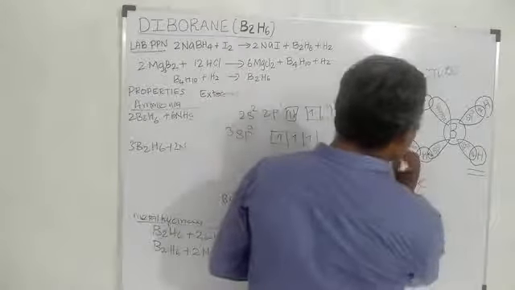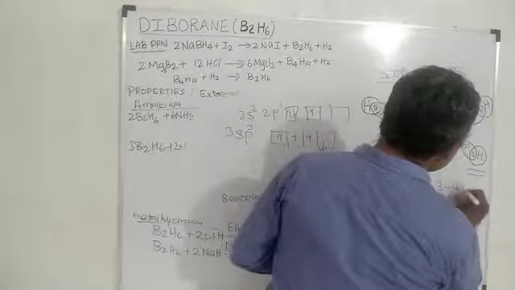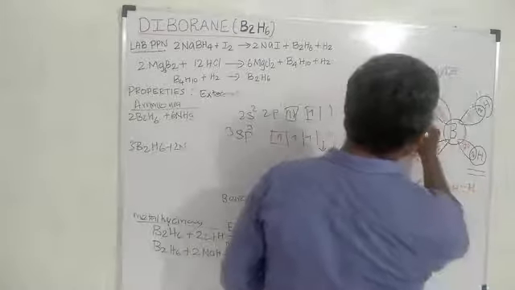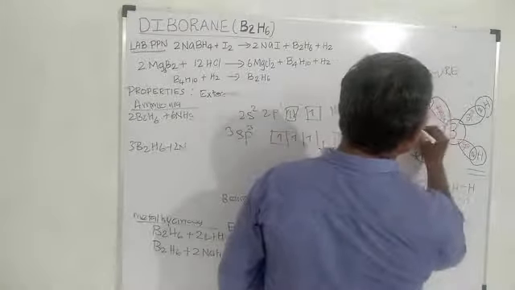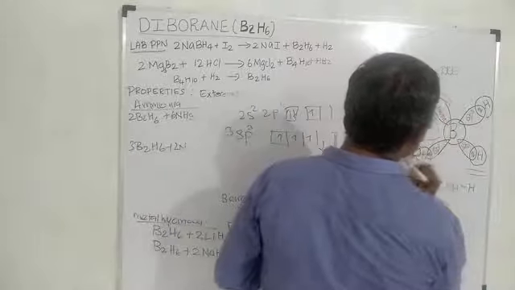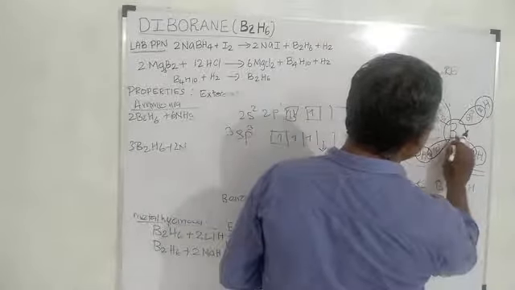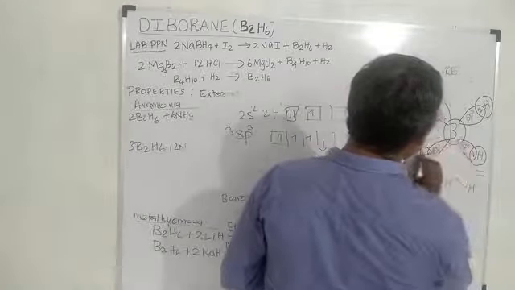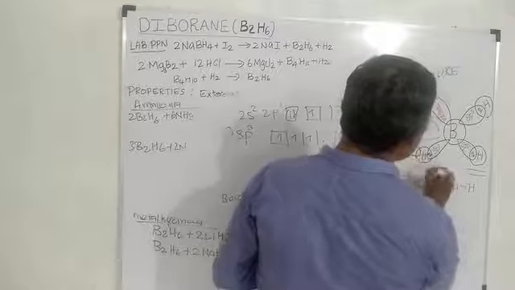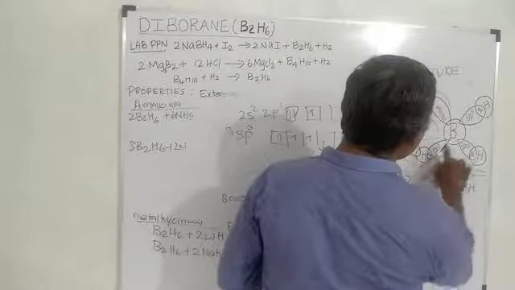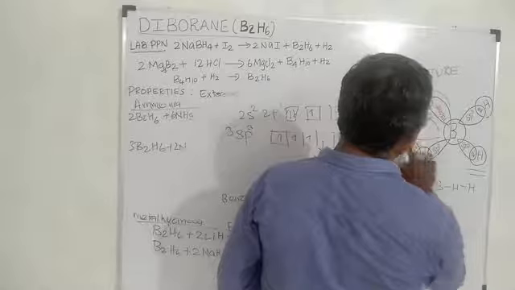Here, if you take the B-H-B part, there are 3 centers: boron, hydrogen, and boron. There are only 2 electrons divided between the 3 centers, B-H-B.